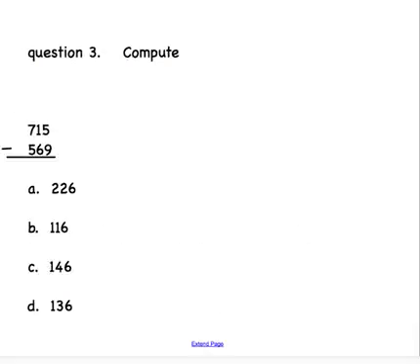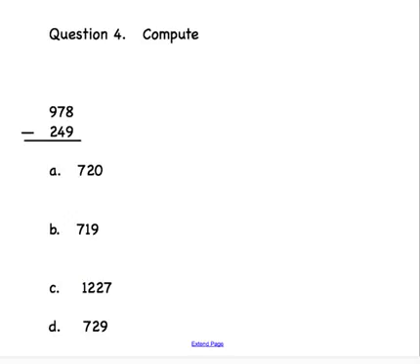Please remember to show your work. Question 3. Please write this problem in your journal, showing your work, and then write down the answer. 715 minus 569. A. I get 226. B. 116. C. 146. Or D. 136.